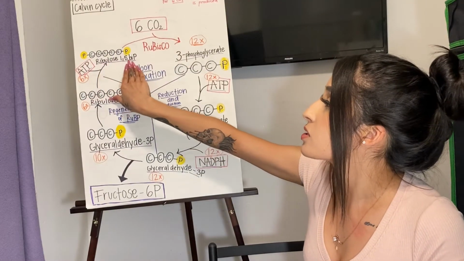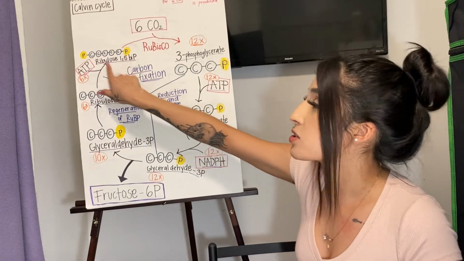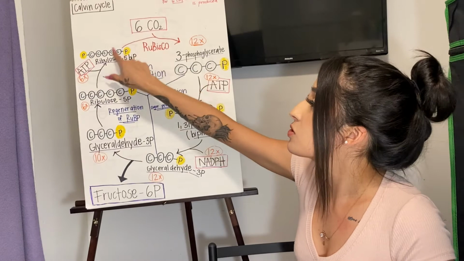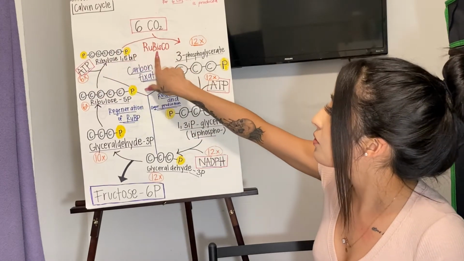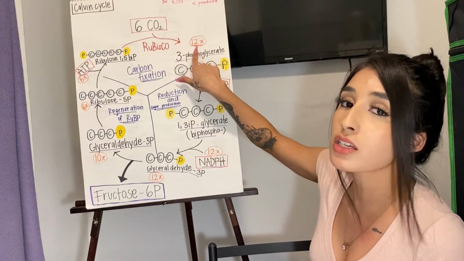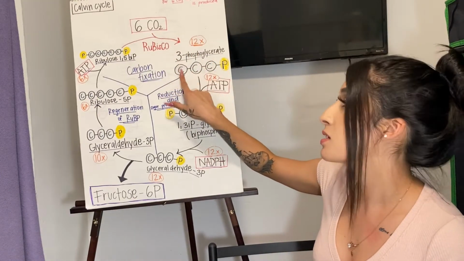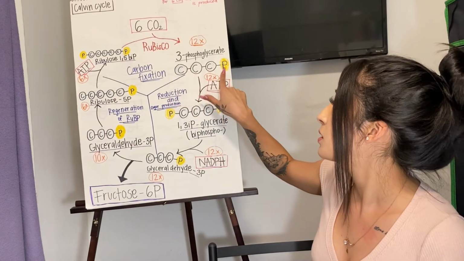So this is added to the ribulose biphosphate, the ribulose 1,5-biphosphate, which has the 2 phosphates here. So this CO2 will bind to this through the catalysis of Rubisco, and you end up with 12 molecules of the 3-phosphoglycerate. 3 because position 3 has the phosphate.